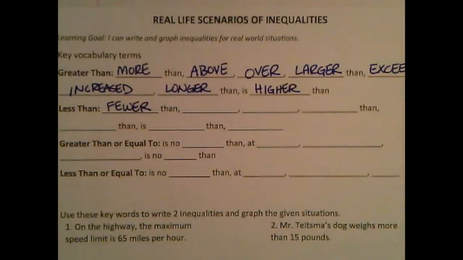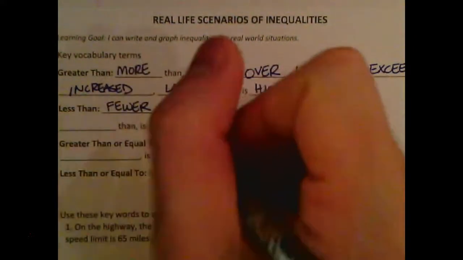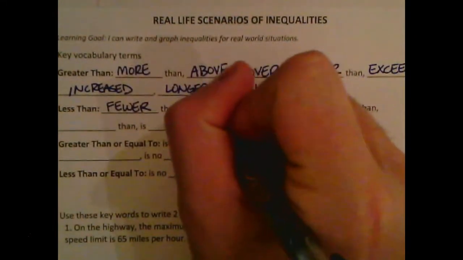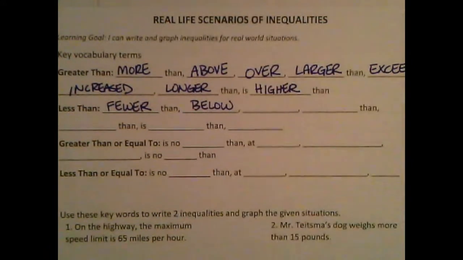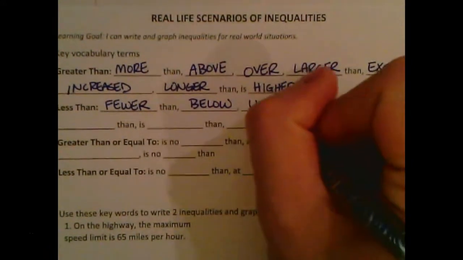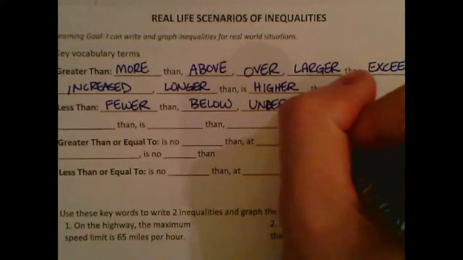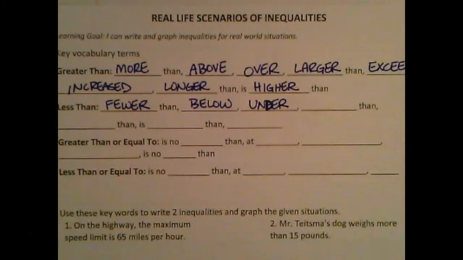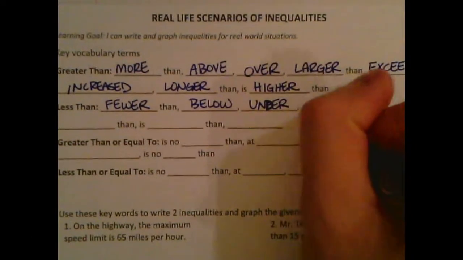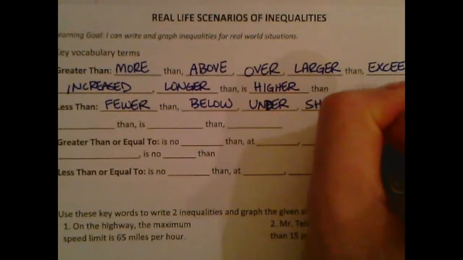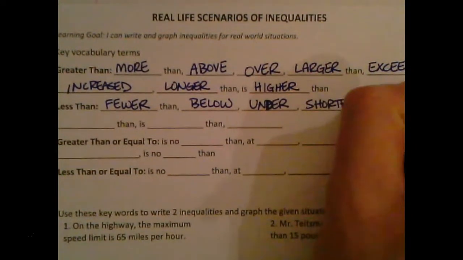Okay, if greater than was above, that means that less than would be below. Okay, instead of over, we have under. If I can spell that right, there we go. Okay, larger than, well, we're going to skip something with that. We're going to call it shorter than.